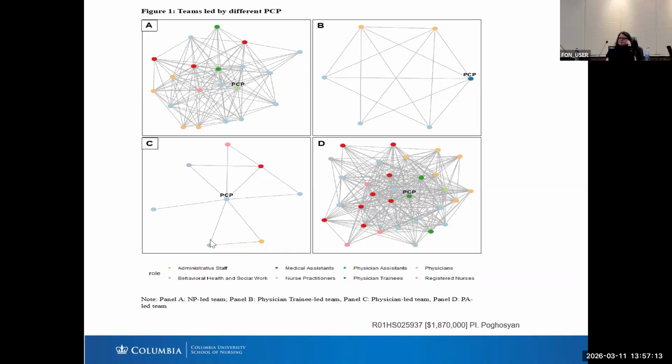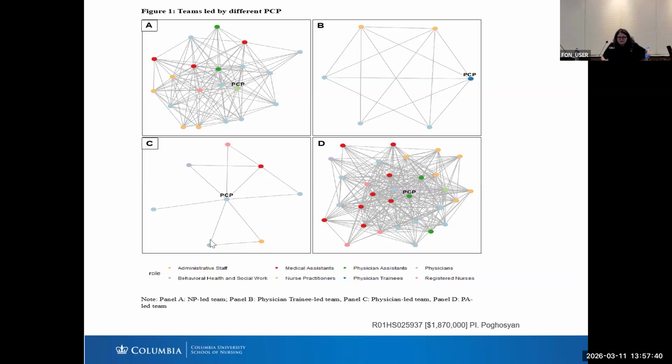So these are healthcare teams in different clinics. These dots are people who work in one clinic. More dots and more lines means more people are working in this clinic and there's a lot of interaction. You see B is also a clinic. And you see C, these are all different clinics. You see how different they look?